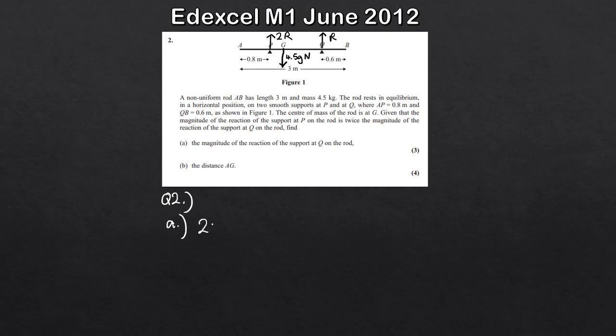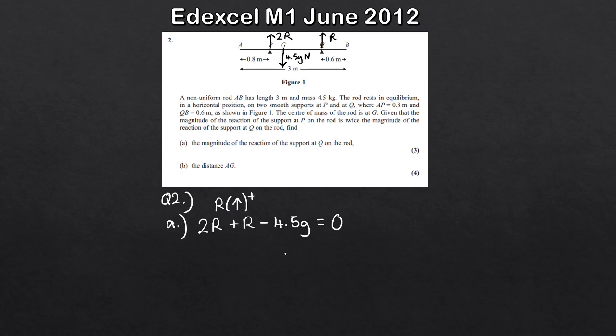That means 2R, resolving positive as being up. So 2R plus R, so it will be positive, minus 4.5G. This is minus because it's down. At G, we're going down, so we're going opposite the motion that we need. So minus 4.5G. This is equilibrium, so it's equal to 0.